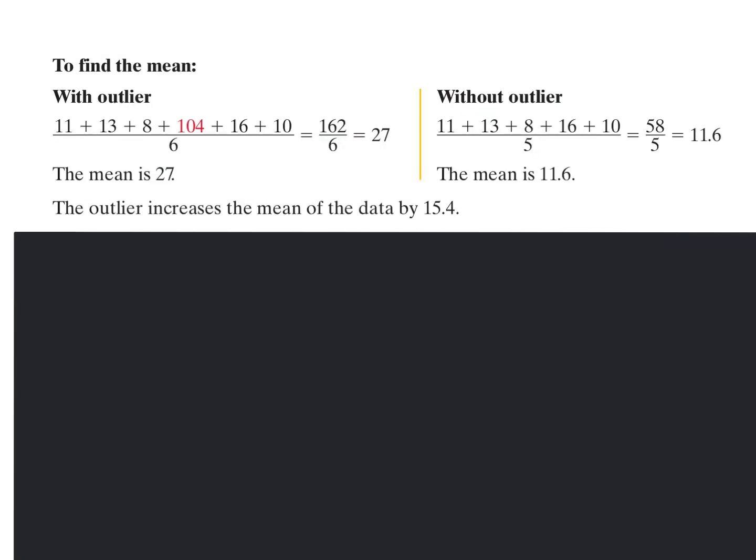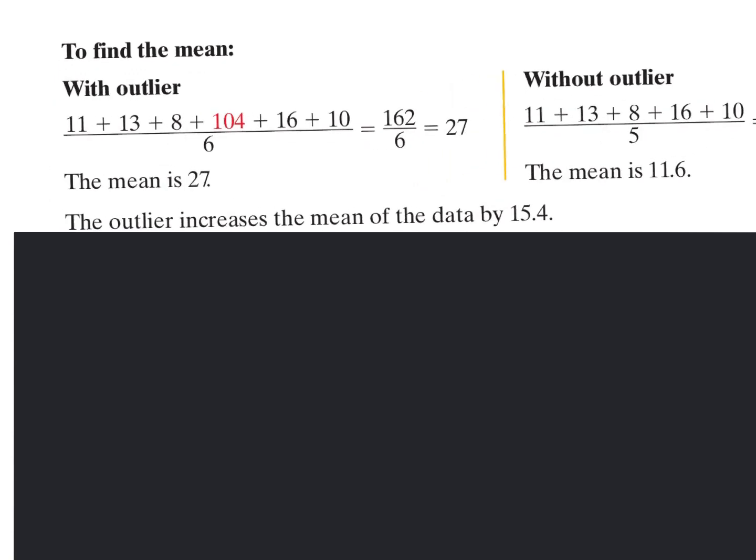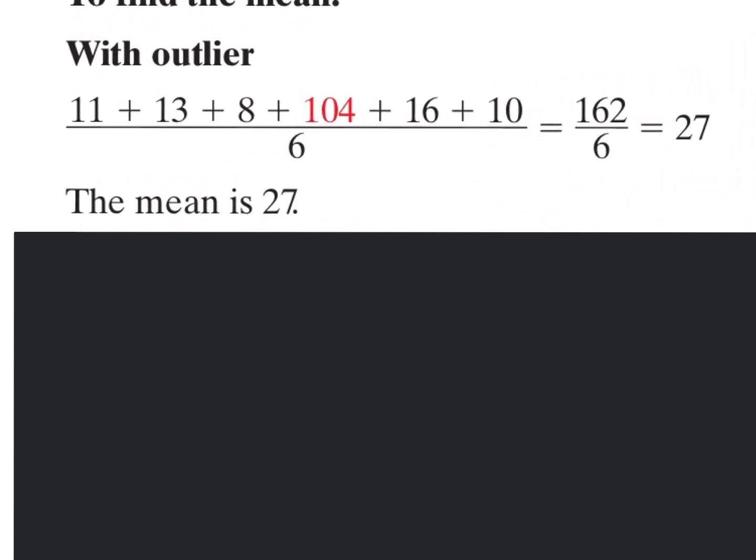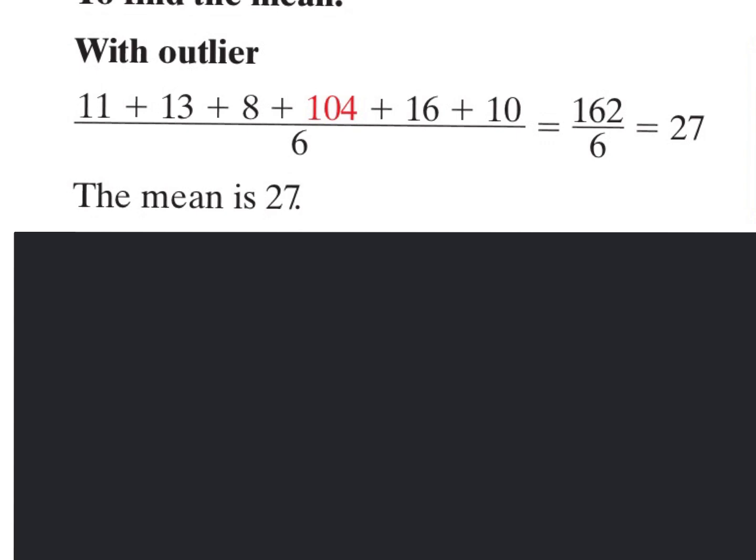So for the mean, with the outlier, we're adding those numbers together. There are 6 numbers, and we get a mean of 27. So it's like we're saying on average, people watch 27 movies. Well, there's only one person that watched more than 27 movies out of the 6.